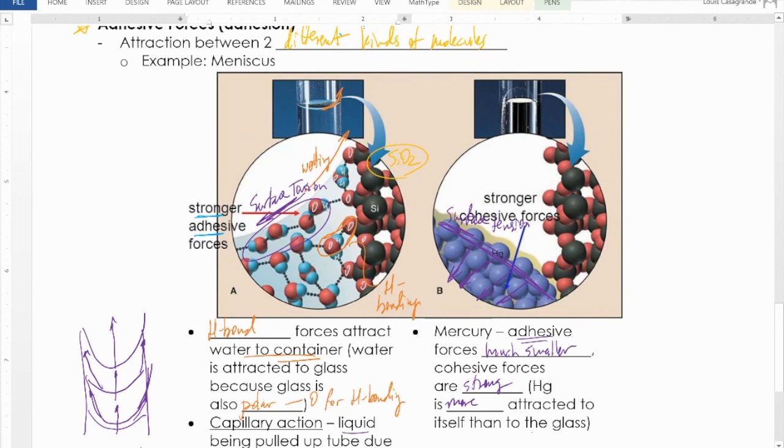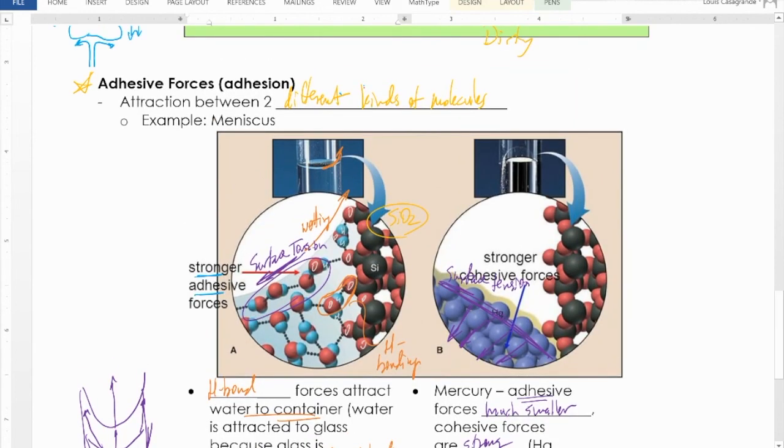And this is the same thing that happens with water on a hydrophobic surface, where water is more attracted to itself. So what happens, if we look at the diagram up above, is there are no attractive forces and everything is trying to pull the mercury down.